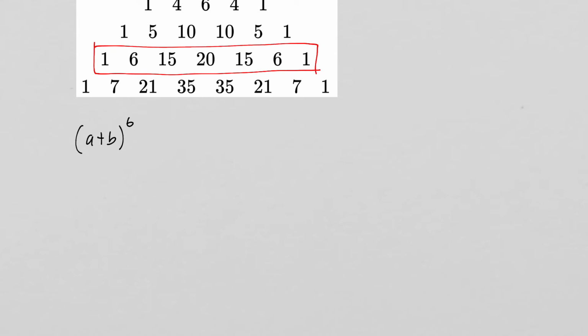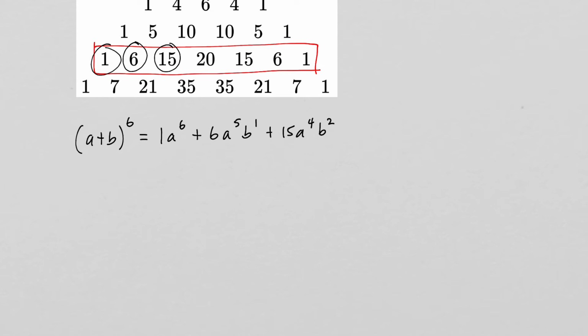So this is actually quite pleasant. What we're going to start off with is 1, and then you know it's a to the sixth power, plus 6, a to the fifth power, b to the first power. And then 15, a to the fourth power, b to the second power.